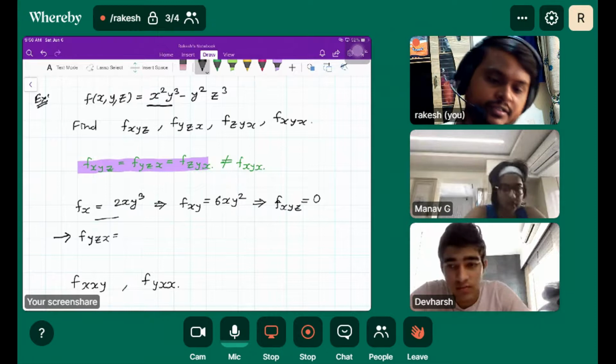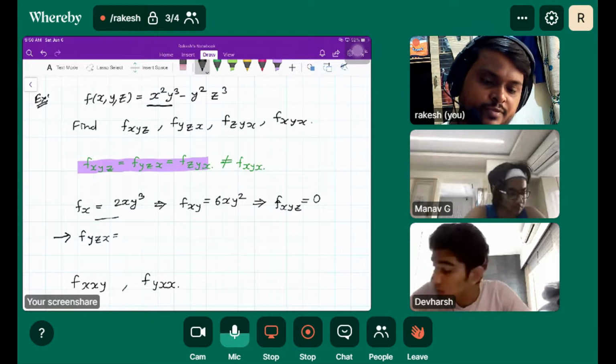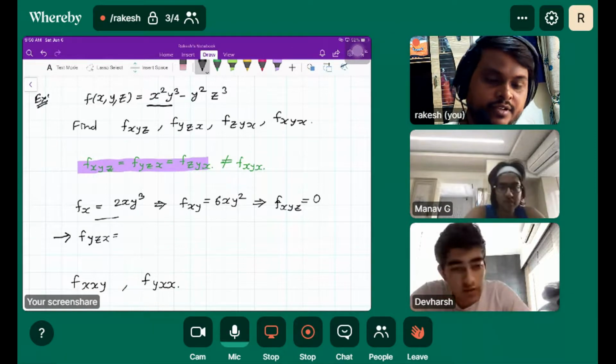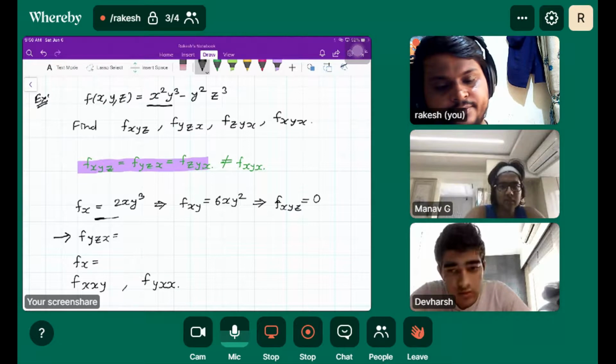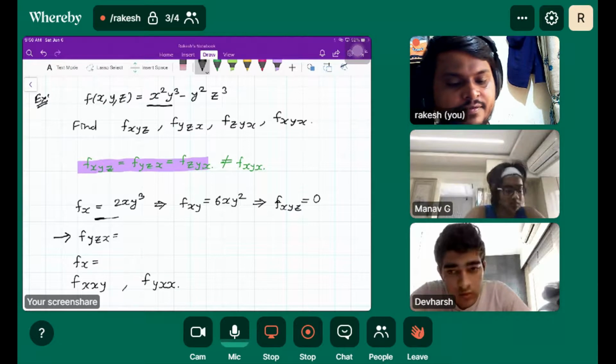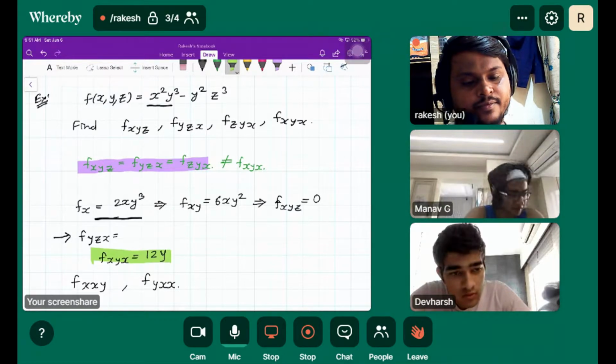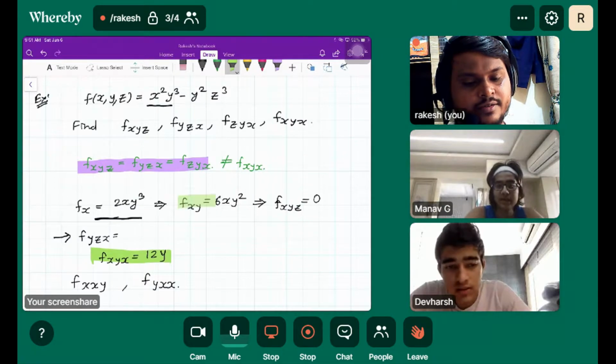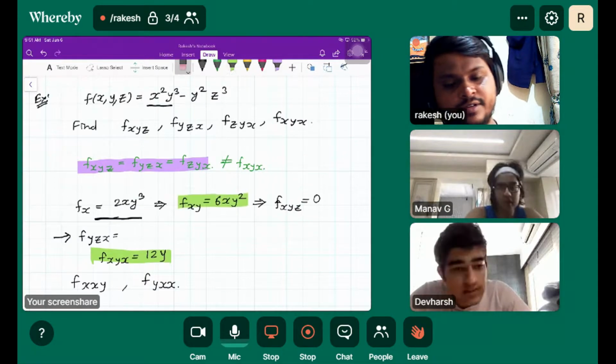Is it 12y? We are finding f_xyx, and we already have 6xy squared. No, it's 6y squared.